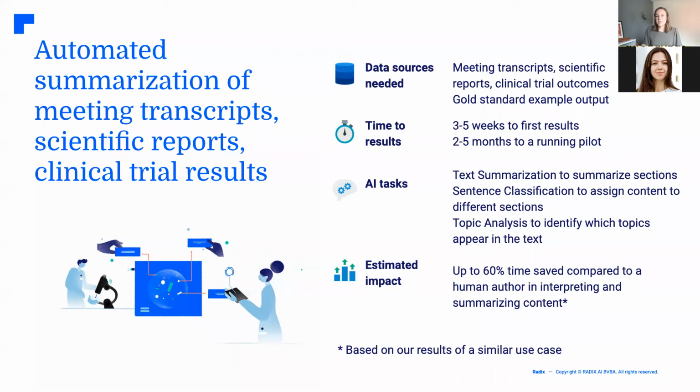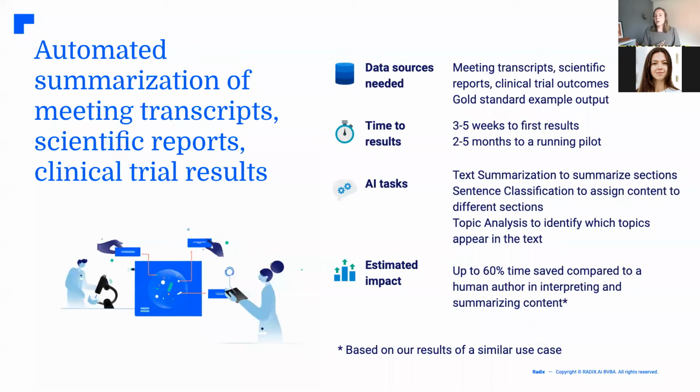The techniques, as I mentioned, that we use for such a solution are again in the natural language processing space. So text summarization is a technique that allows to aggregate large sections of text in a shorter way. So either by picking the most informative sentences or by rewriting the sentences in a more concise way. And next to text summarization, we also need other techniques to make this function better.